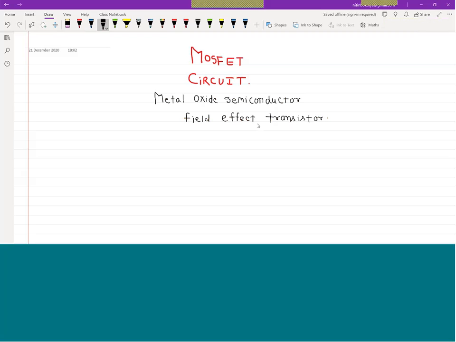So transistor means again transfer resistors. The phenomenon is the same, but the problem with the BJT is the temperature, because the reverse saturation current ICO is a strong function of temperature.